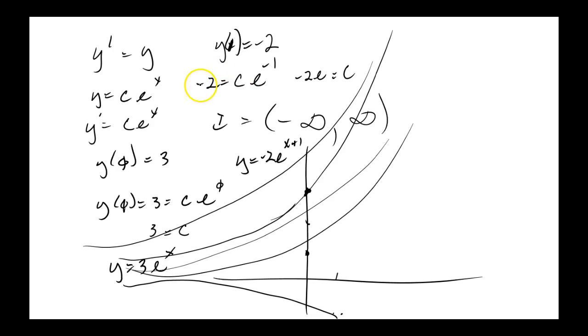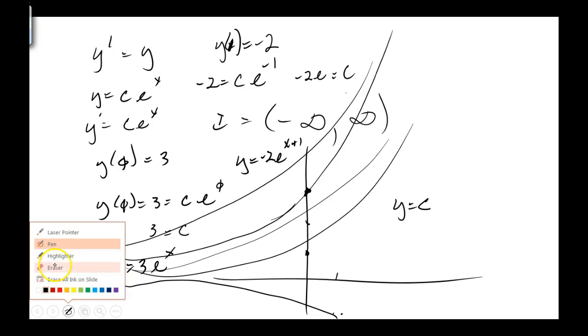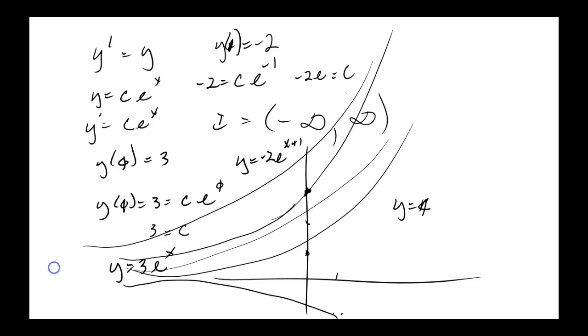Because you plug in c is equal to minus 2e, so you have y is equal to, instead of c you put minus 2e, times e to the x. I don't know how they got that, because I think mine's right.